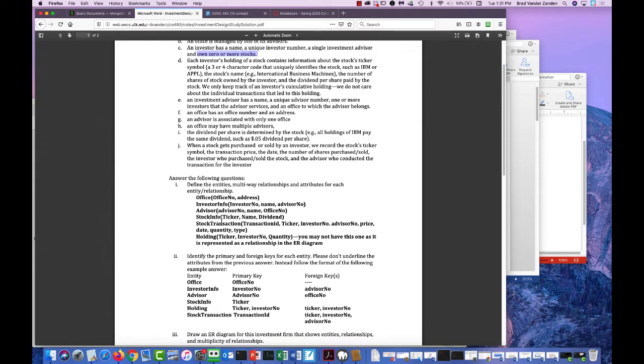But again, I would take either 0 or 1 here because you still may want to have it in the database even if temporarily no investor owns it. So I would be good either way with it being either 0 to many or 1 to many. I'm just going to write 0 to many, but I'd be just as happy with 1 to many.